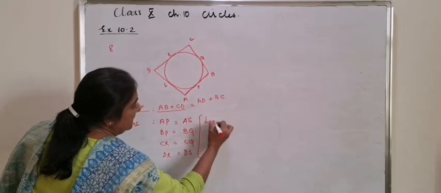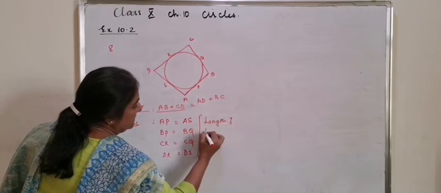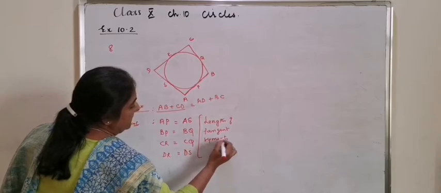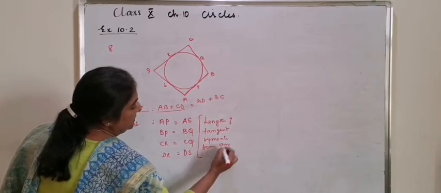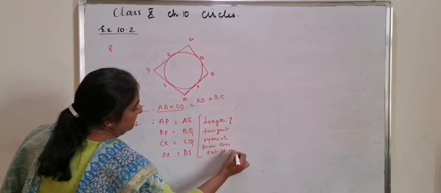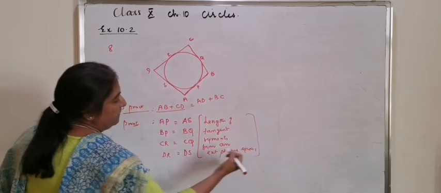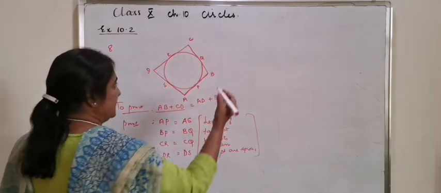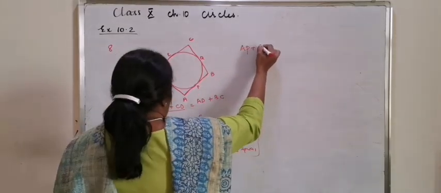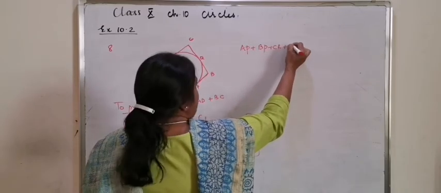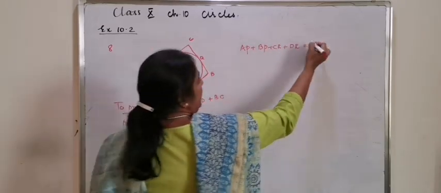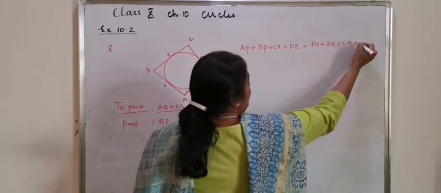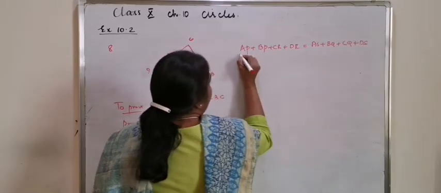The reason: lengths of tangent segments from an external point are equal. Based on the second theorem, adding the left hand sides and adding the right hand sides, AP plus BP plus CR plus DR is the same as AS plus BQ plus CQ plus DS.